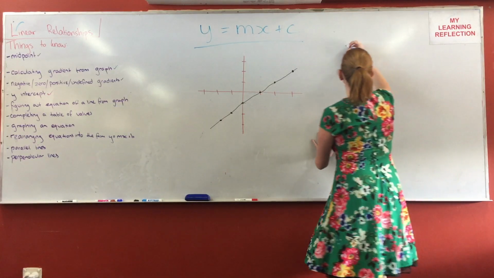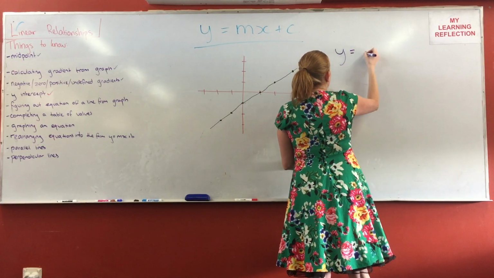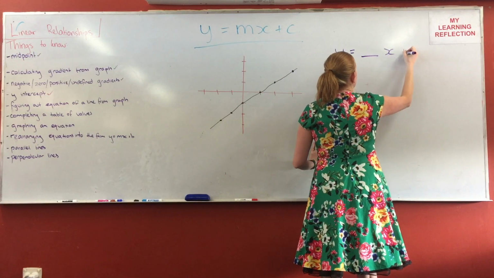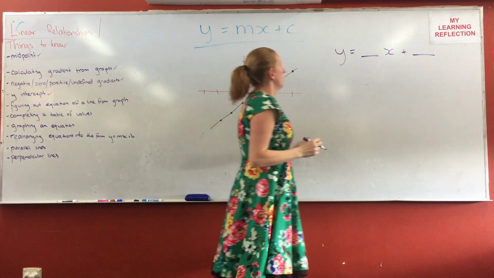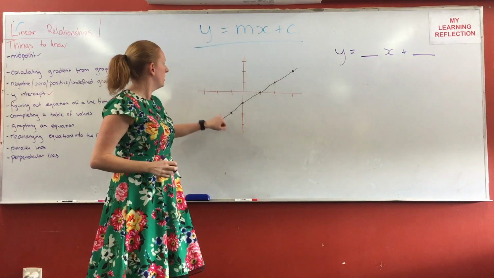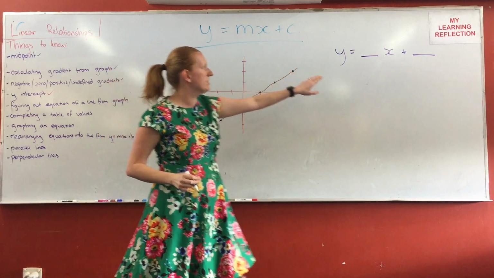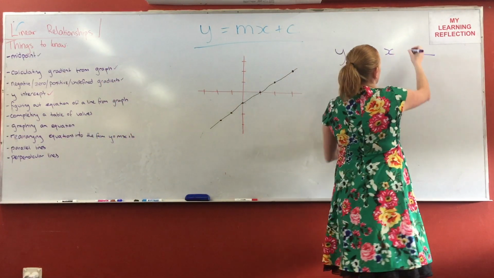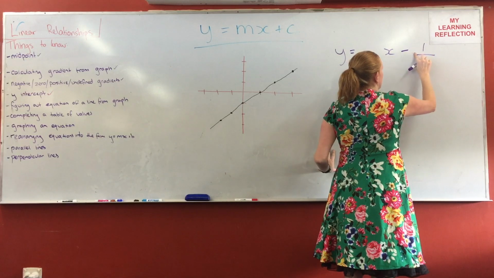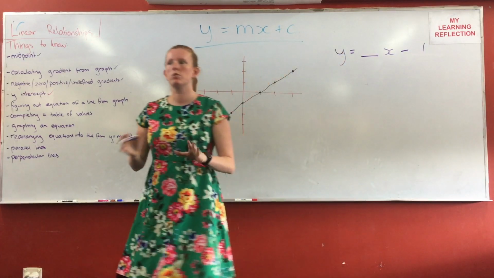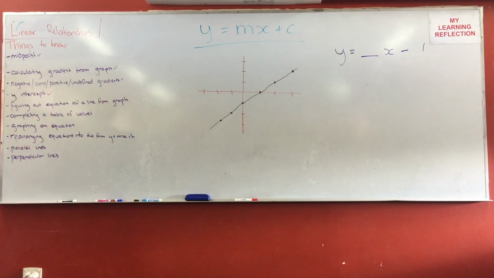So it's going to be y equals something x plus something. Here, instead of plus, it's actually going to be minus, because it's at -1. Didn't have to do any calculating, I just looked at my picture and saw it cuts through that line at -1. So I put that on the end.